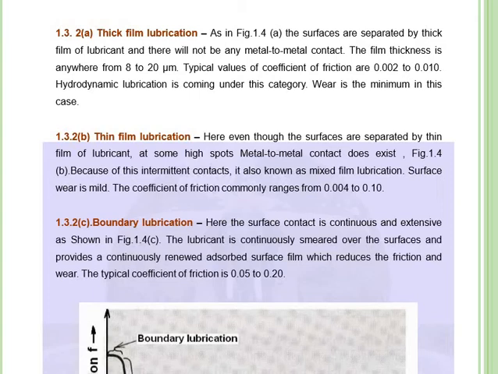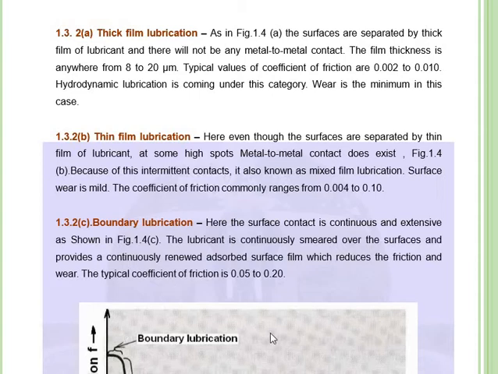The coefficient of friction commonly ranges from 0.004 to 0.10. That is called thin film lubrication. Earlier I told you thick film lubrication is 0.002 to 0.010.